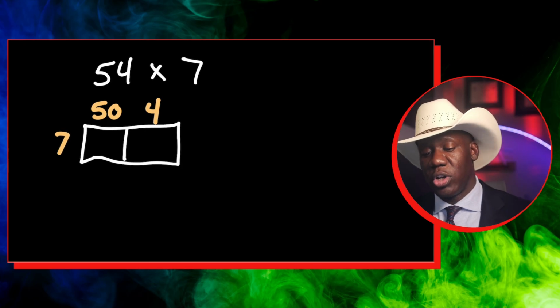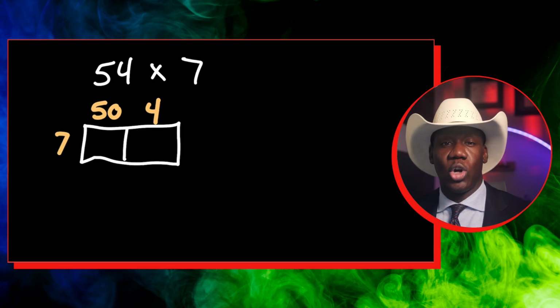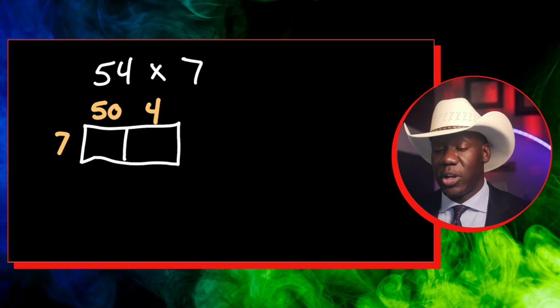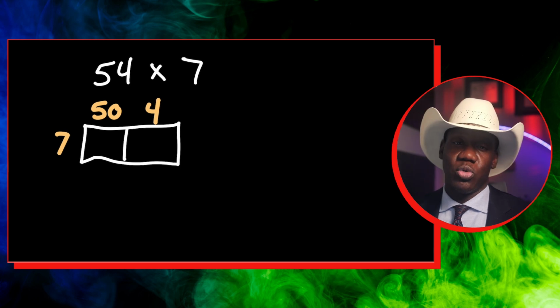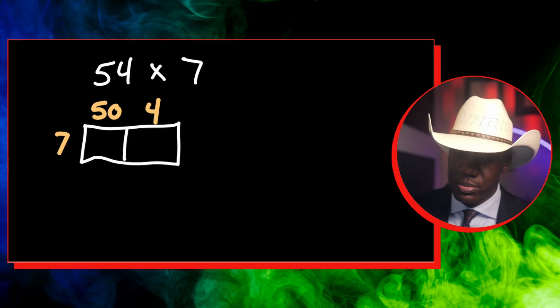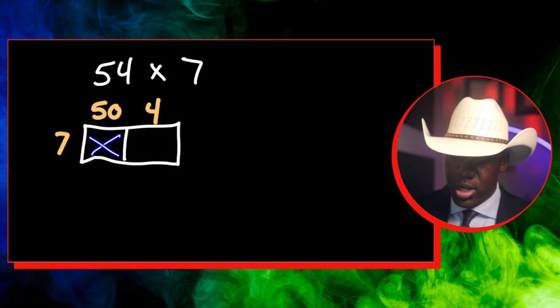Now that we have our numbers broken apart and placed around our box, we're going to fill in our box. The way that we fill in our box is just the same way as if you were reading your multiplication chart. Each section of the box is associated with 2 factors. This section right here is associated with the number directly above it, and then the number all the way to the left of it.